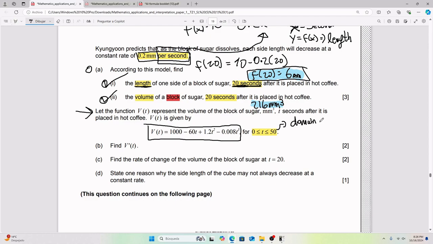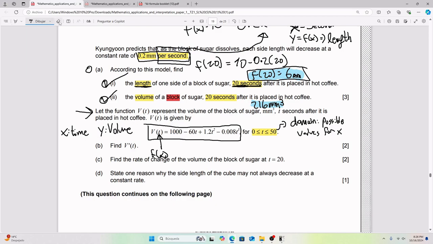This is a classic. Sometimes they give the domain, sometimes they give the range. All the domain really tells you is your possible values for x. In this context, your independent variable clearly has to be time, because it's in here. Instead of f of x, here you have V of t, so x is time, while your y is going to be volume.